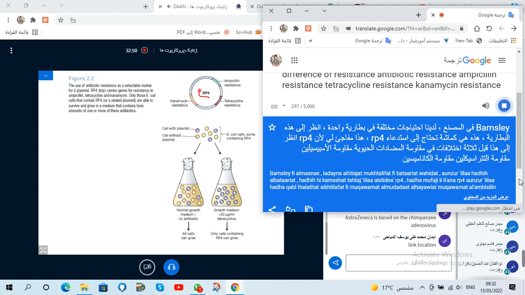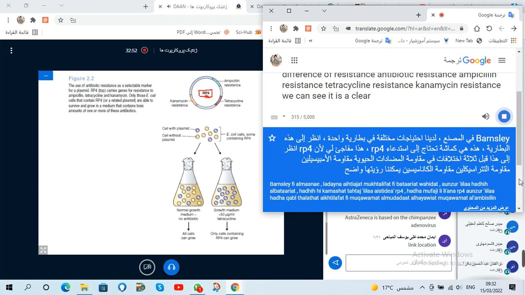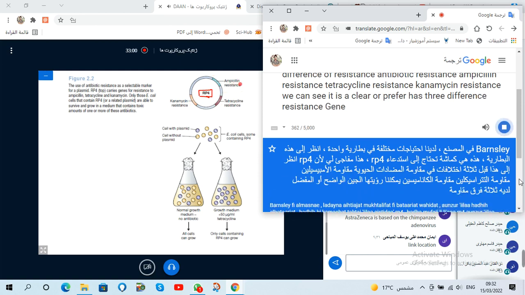You can see it. Is it clear? RP4 has three different resistance genes: ampicillin resistance, tetracycline resistance, kanamycin resistance.